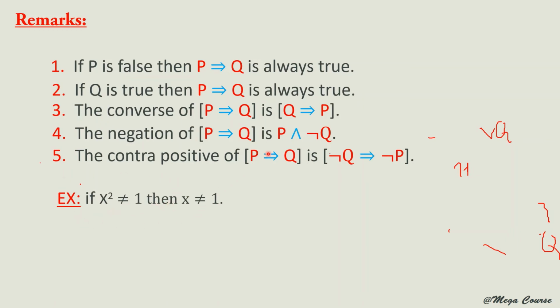Of course you remember if P then Q. Then we have x square does not equal 1 implies x does not equal 1. Here x square does not equal 1 is P and x does not equal 1 is Q. P implies Q. Not P is the negation of this one, which is x square equals 1, and the negation of Q here is x equals 1. Okay?